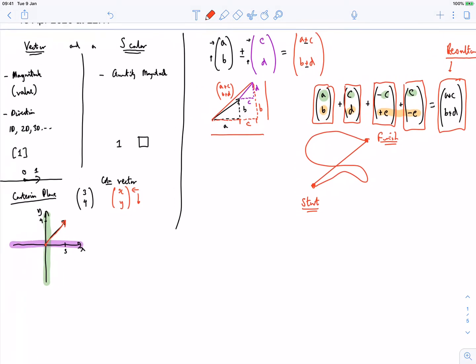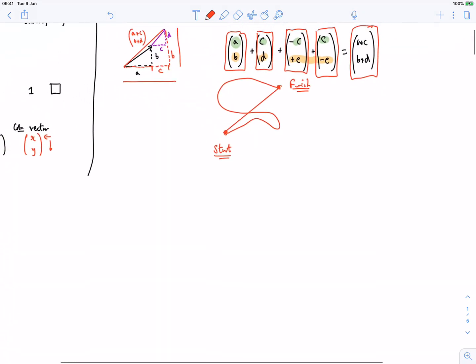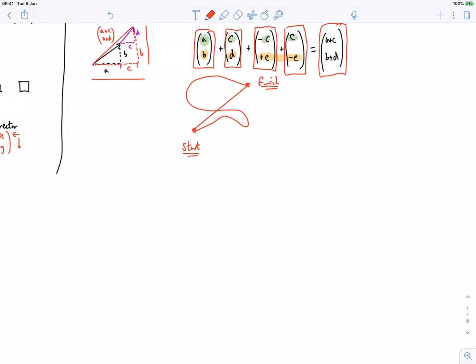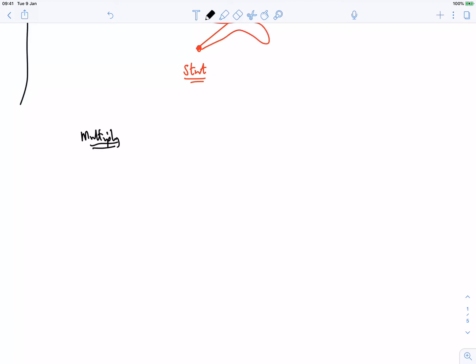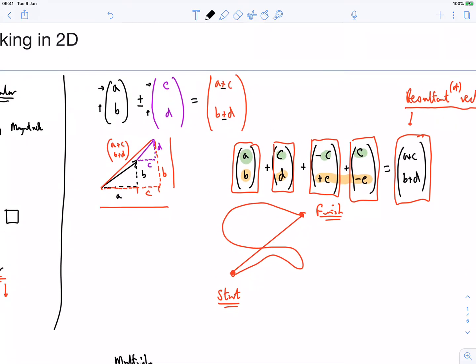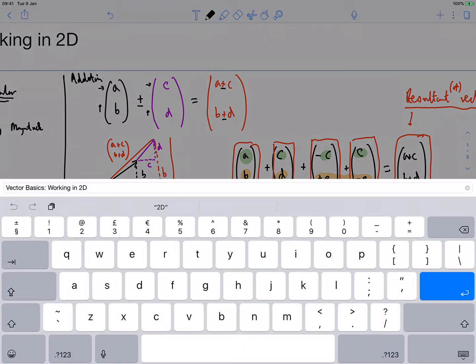Now, in terms of GCSE, when it comes to multiplying vectors, interesting. Well, there's various ways of multiplying vectors, but at GCSE you're only ever told about one way. If I've got a vector, let's say, now we want to multiply. So this was addition and subtraction.